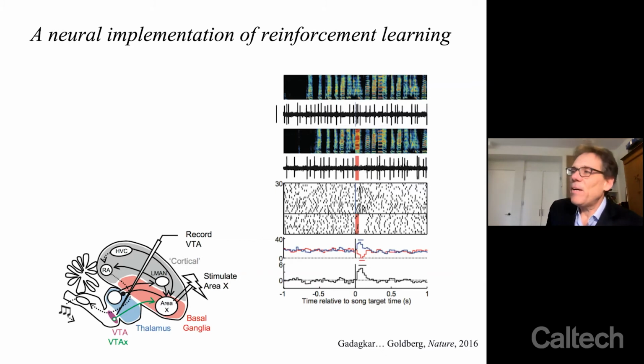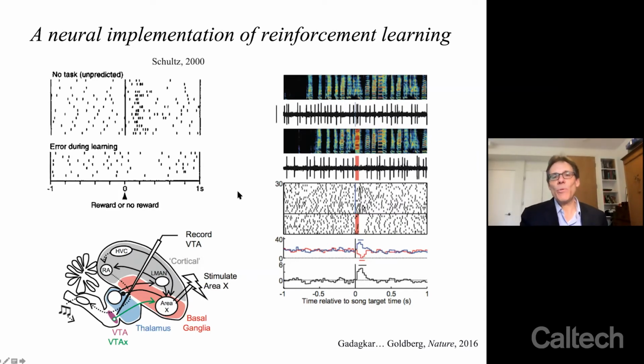So this can be thought of as a type of performance prediction error signal, much like the kind of reward prediction error signals described by Wolfram Schultz and others in the mammalian ventral tegmental area. And in those studies, you may recall, VTA neurons exhibited a burst of spikes in response to unpredicted rewards and a suppression of spikes when a predicted reward was absent.